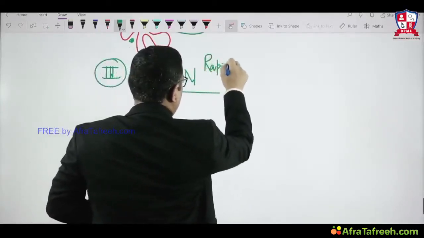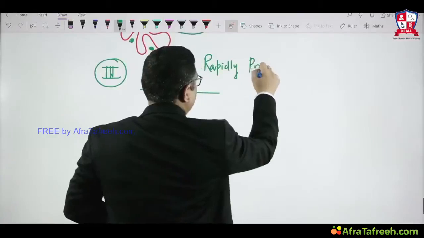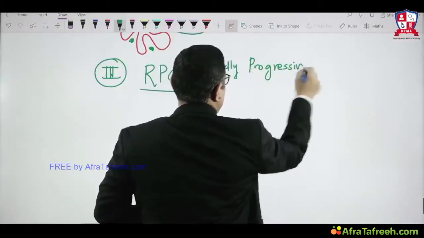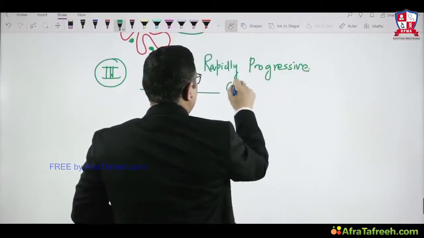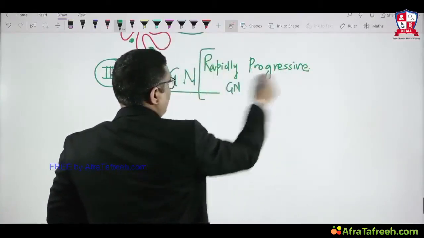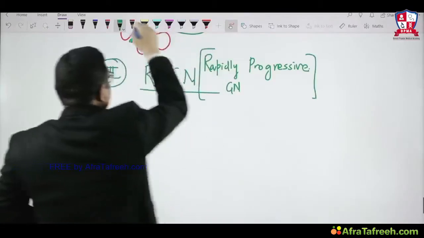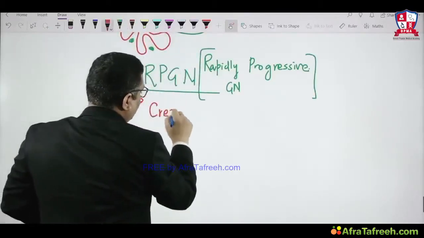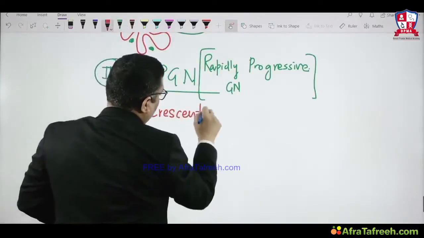Rapidly progressive glomerulonephritis is the full form of RPGN, right? RPGN has another name, which is called crescentic glomerulonephritis.